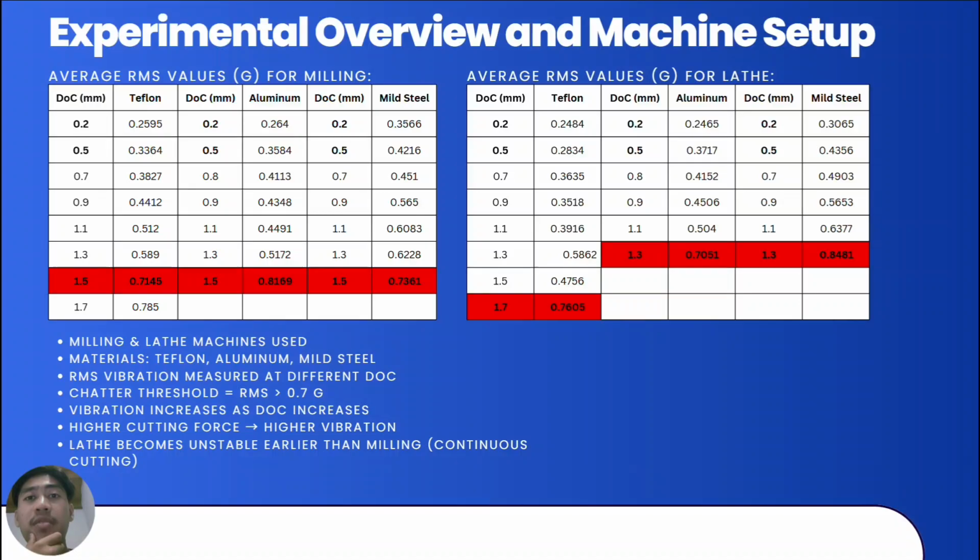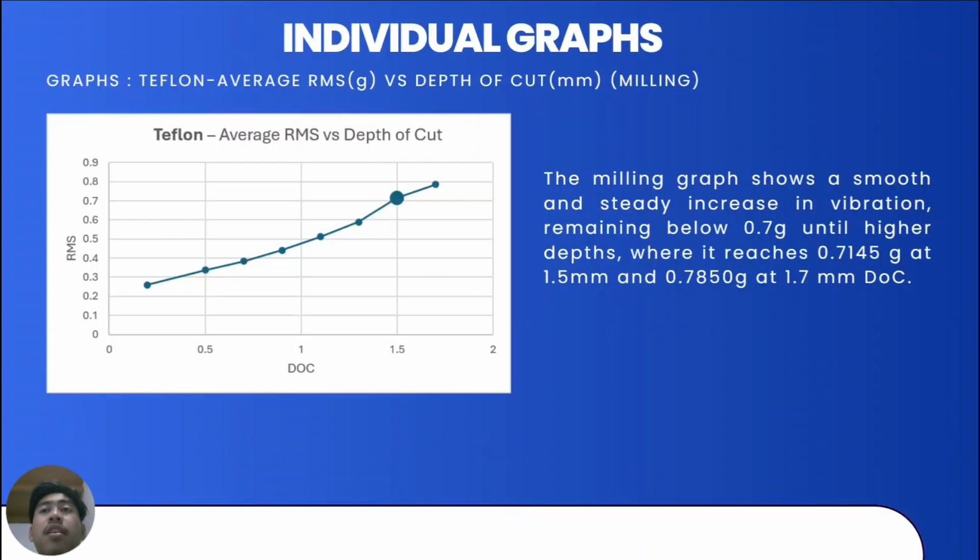RMS vibration is measured at different DOC. The chatter threshold is RMS 0.7 g. Vibration increases as DOC increases. Higher cutting force leads to higher vibration. Lathe becomes unstable earlier than milling. Okay, we go to the next slide.